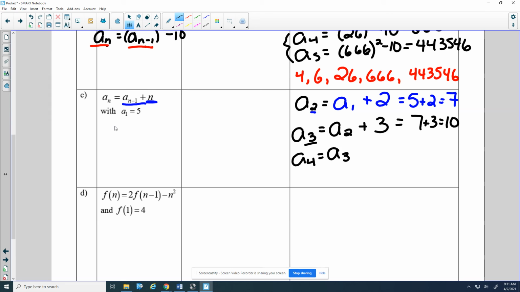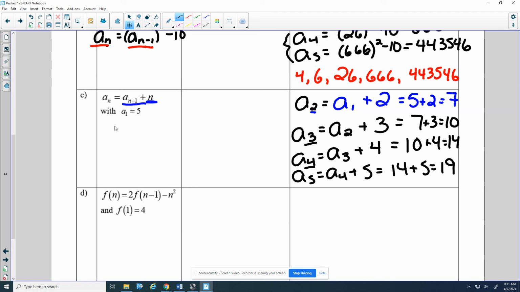Take the third term, the last term, to get a sub 4 and add the value of n, which is 4. So this is 10 plus 4 is 14. A sub 4 is 14. 14 plus 5 is 19. So my numbers are 7, 10, 14, 19 for those next 4 terms.